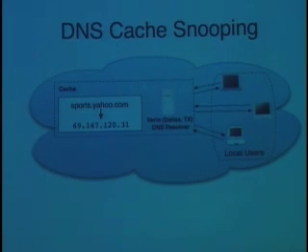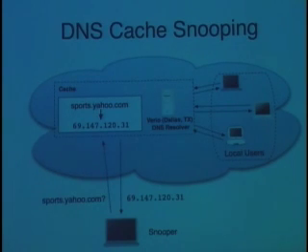Let's say one of the local users has gone to sports.yahoo.com recently, so that entry is sitting in the cache, and the mapping is there. I, as a snooper sitting in Princeton, can basically peek into this cache and see that somebody in Dallas, Texas, using this particular DNS cache, has recently visited that website. The cache will tell me that it knows the address.